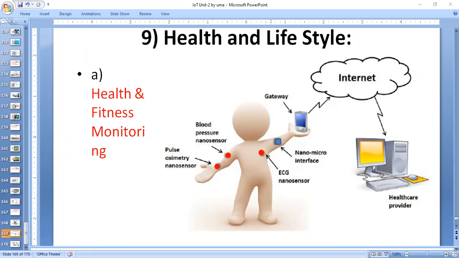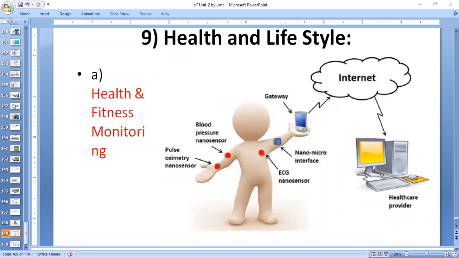Here, these devices form a type of wireless sensor network. If you see this diagram, sometimes you will use wireless sensor networks. This is called a body area network, in which the measurements from a number of wearable devices are continuously sent to a master node.